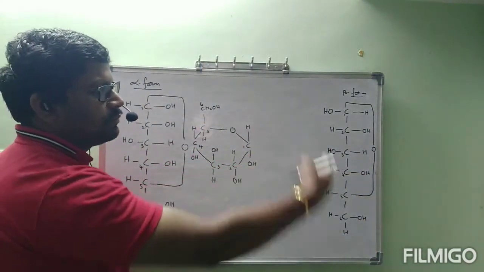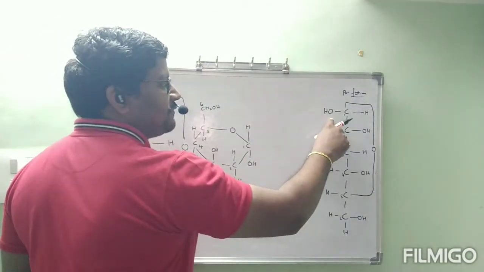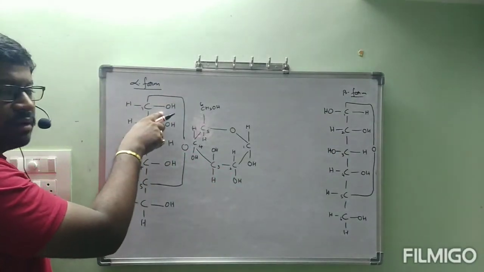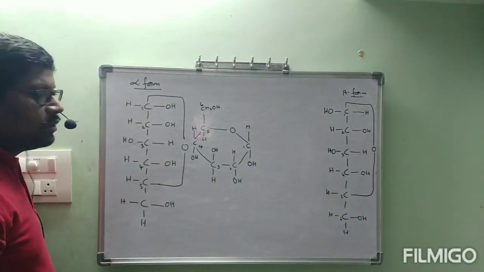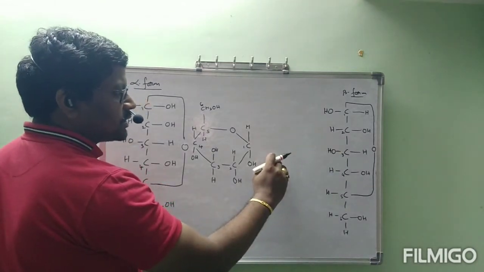This is the beta form. In the beta form, OH is on the left side for the first carbon. In the alpha form, OH is on the right side for the first carbon. Okay, this is written as a Haworth structure here.